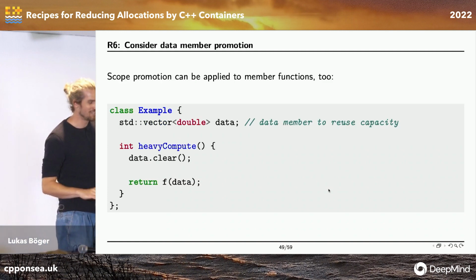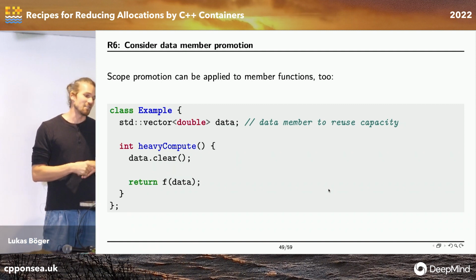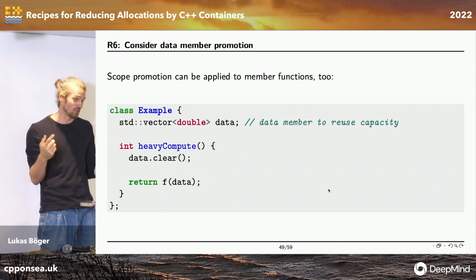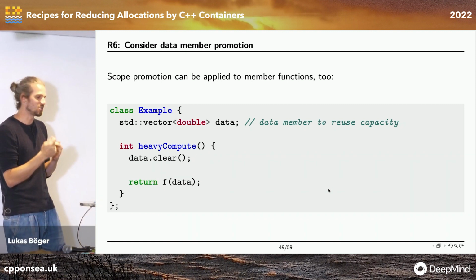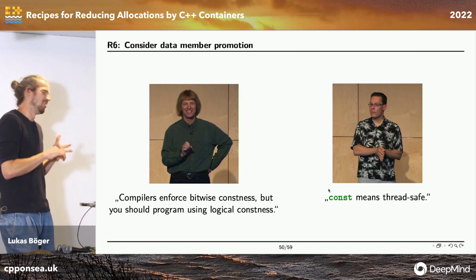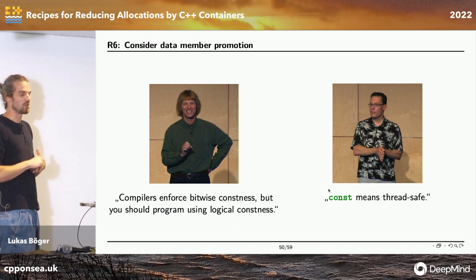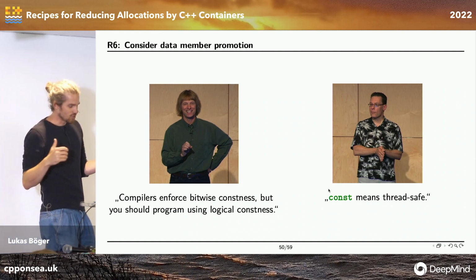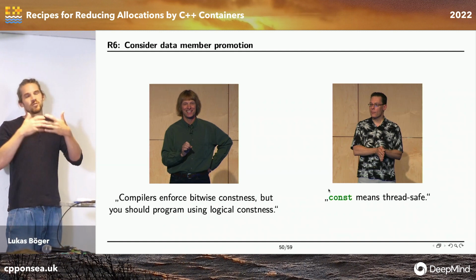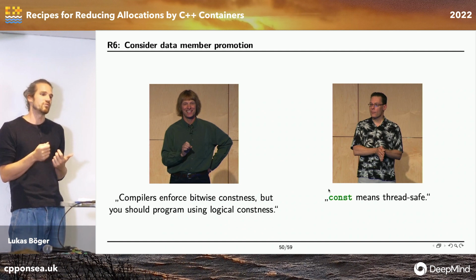So we can promote this local variable to a data member, and then we clear it at the beginning of the member function. We certainly lose the constness, and there's something to discuss about it. If you recall, I think it's item 3 in Effective C++: use const whenever possible. Scott Meyers distinguishes between logical and bitwise constness, and says the compiler enforces bitwise constness, but we should make intuitive interfaces.